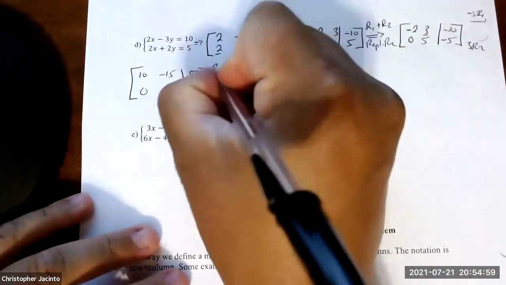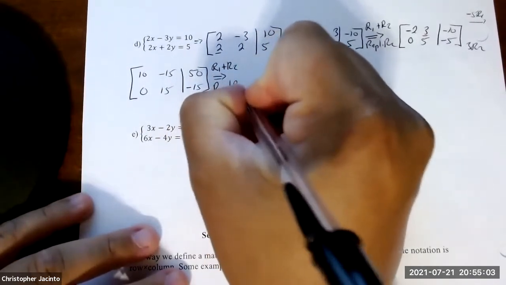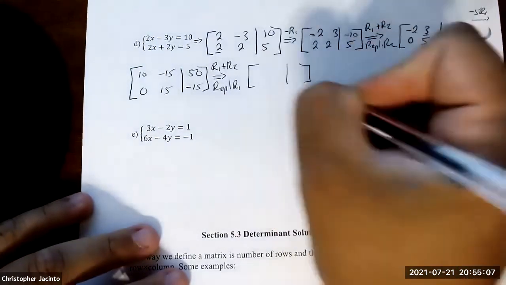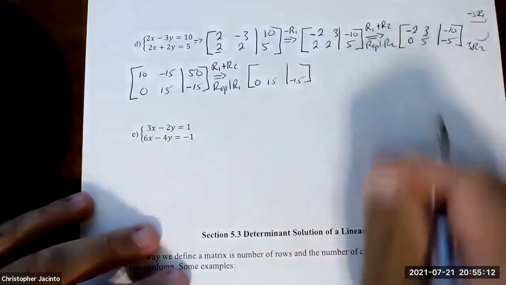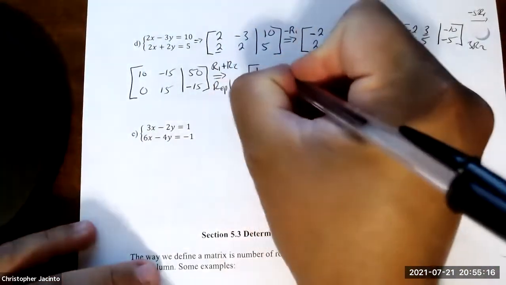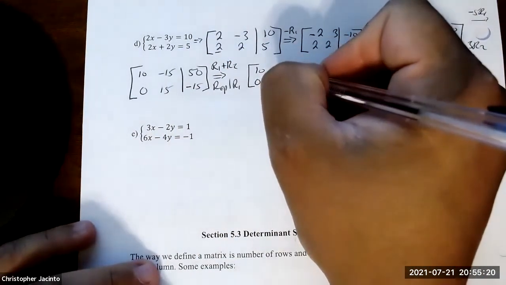Okay, so now we're going to again add the results and replace row 1. So row 2 stays the same. So that gives you 10, that gives you 0, and that gives you, I think, 35.